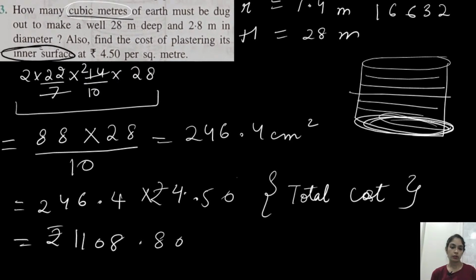So cost is equals to 246.4 into 4.50. Okay. So bottom area we will not be considering here. Only we will consider here the inner curved area. Okay, is it clear now? Is it clear?